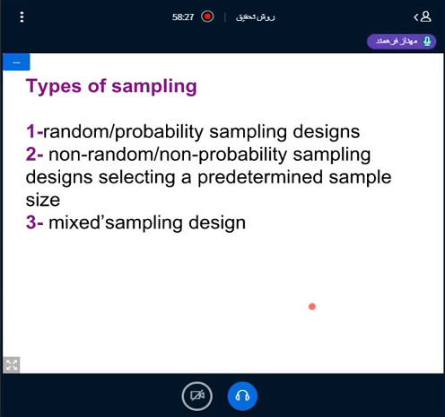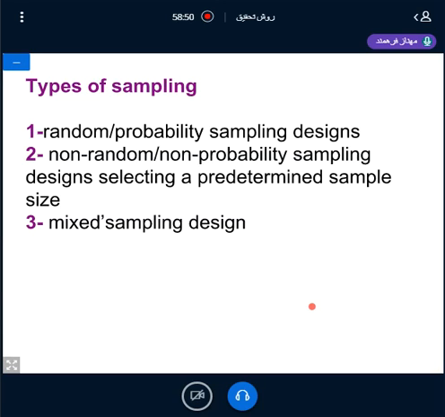And types of sampling are divided into three types: random or probability sampling designs, non-random or non-probability sampling designs, selecting a predetermined sample size, and number three, mixed sampling designs.